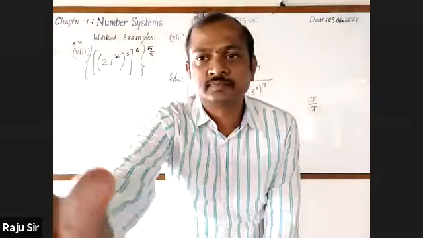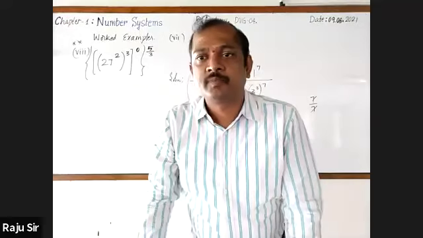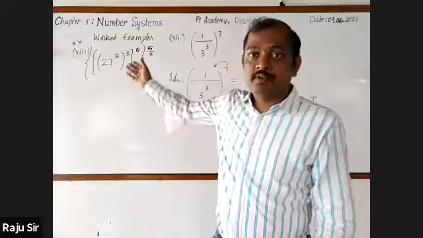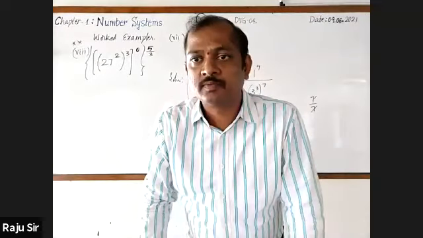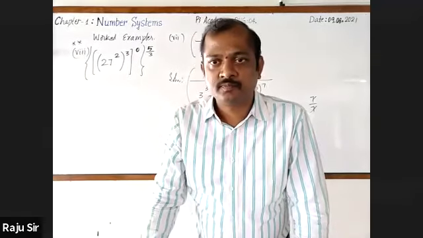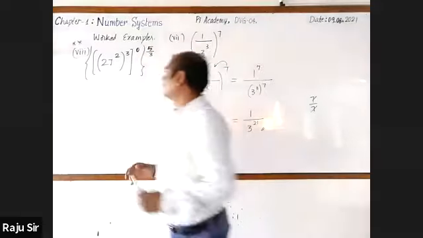Sir, 27 raised to the 7. What may be the value of this? Okay, Rutushri. Sir, 10. Fahim. Sir, 1 raised to 5 by 3. I'll tell you that.